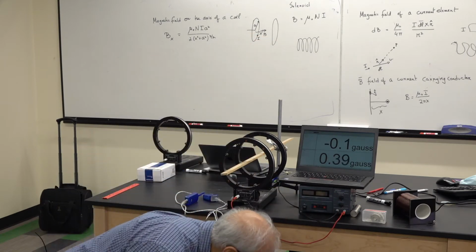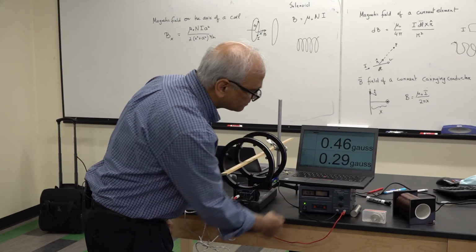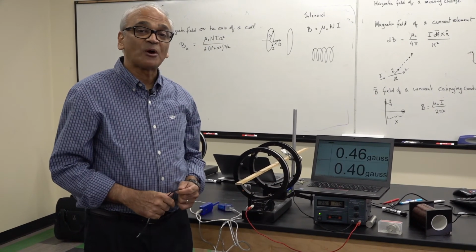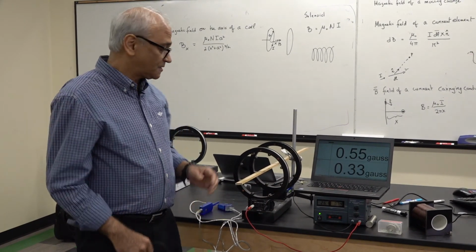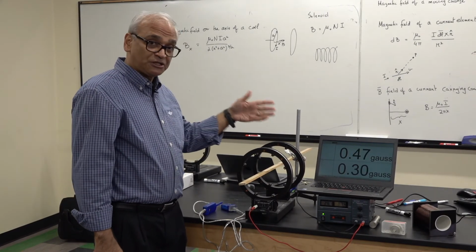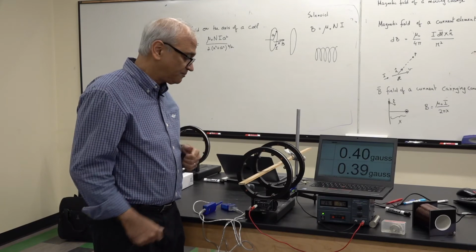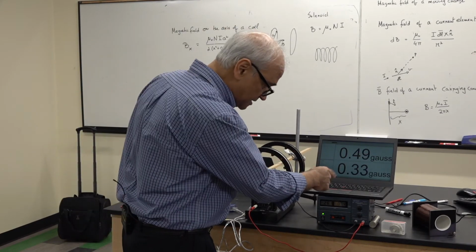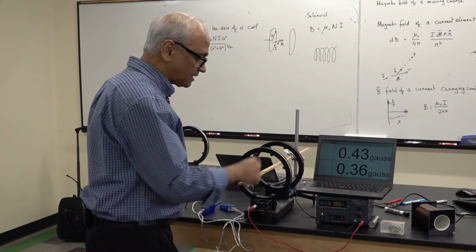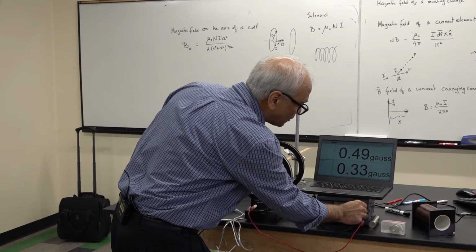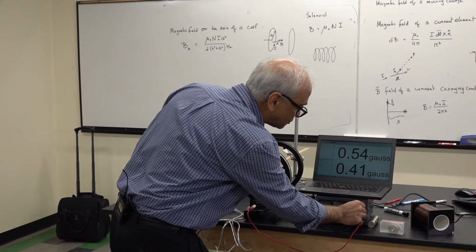okay? And I turn it on. What I have is not 1.5 amp, I have 0.75 amp, because now the current is being shared by two of these coils, so that drops, okay? This is a current limiting setup. I'll try to make it up to 1.5 again. Let's see if I can do it.